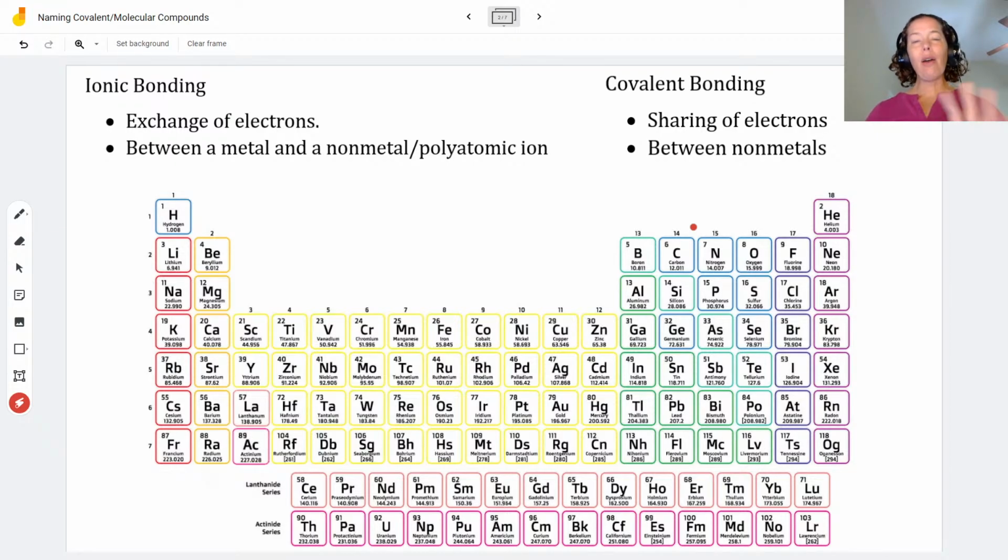The other thing I want to put in as a bit of a disclaimer is this is naming simple covalent bonding. This is not getting into naming when you talk about organic compounds. That's a completely different set of naming rules. This is not what we're talking about here. These are simple binary compounds, meaning it's just two elements that are bonding, but you might have different numbers of atoms of those elements.